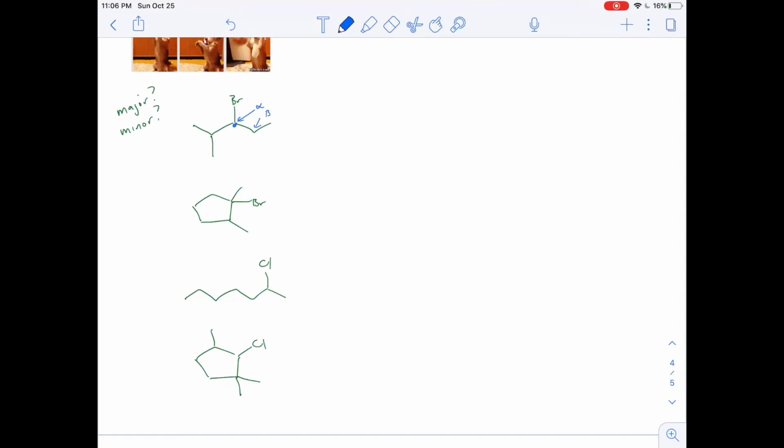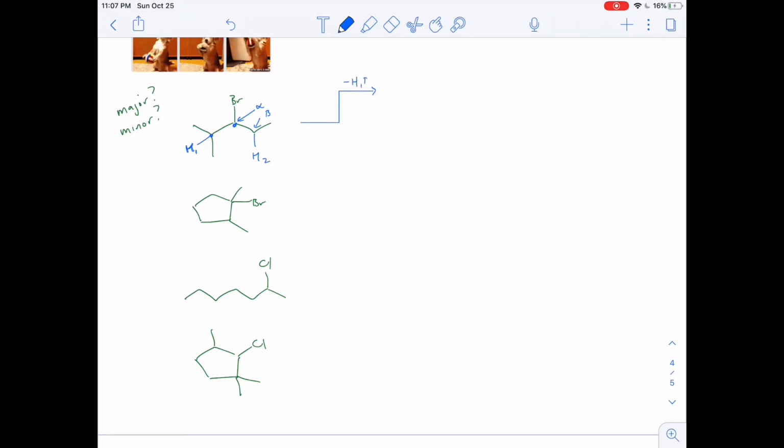We've got this alpha carbon here, the beta carbon here, therefore the beta hydrogen is on there. We also have another beta hydrogen, okay? So that means we're going to have a couple different products here. So let me draw this arrow.